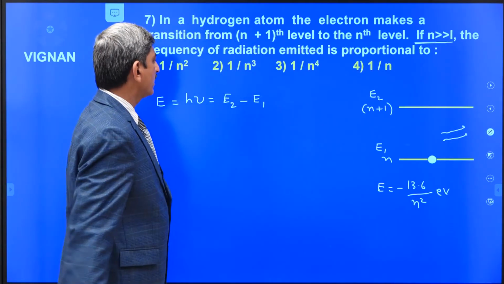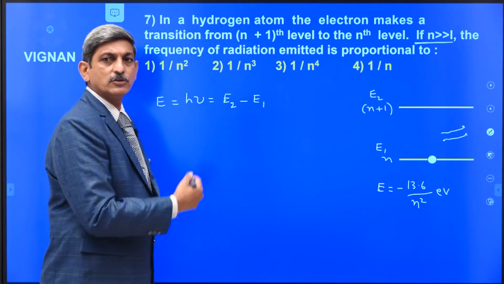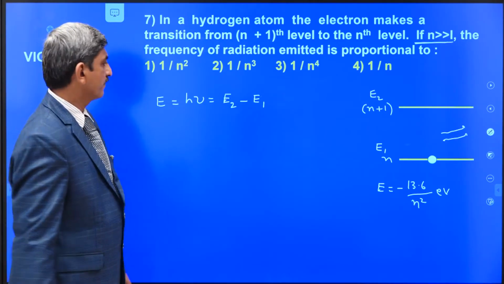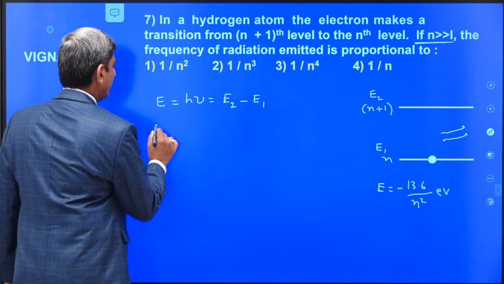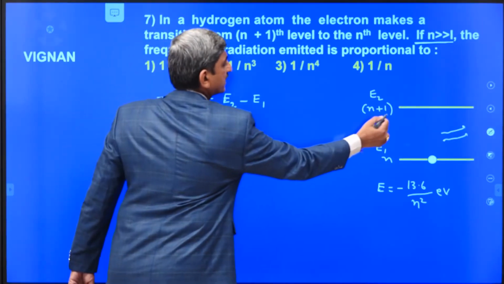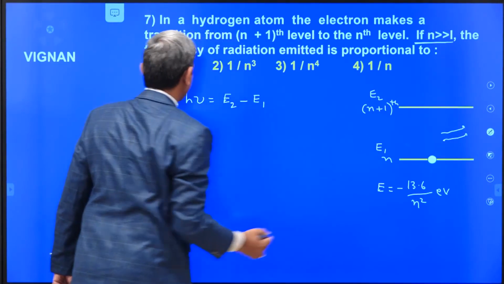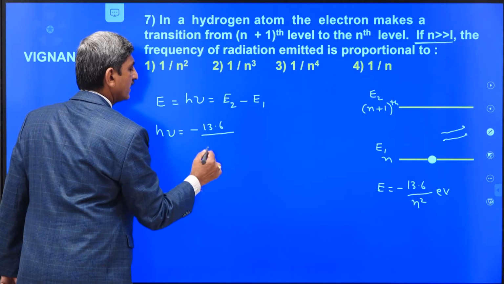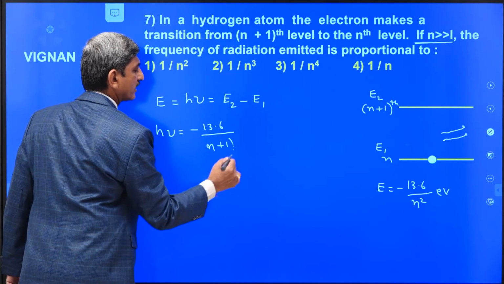Now using that formula, find out the E1 value, the E2 value and simplify for the unknown frequency nu. So h nu is equal to, what is E2? That is the n plus 1th level, that's why E2 is equal to minus 13.6 divided by (n plus 1) whole square.